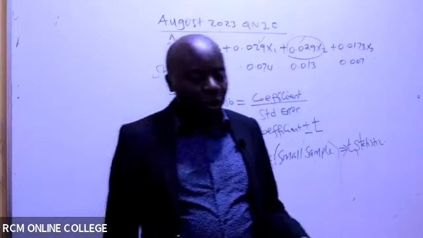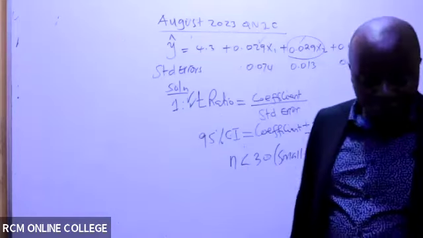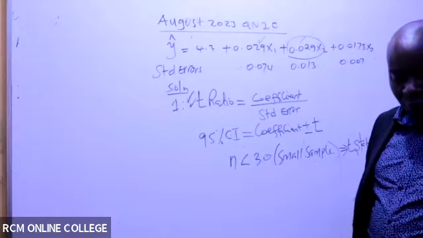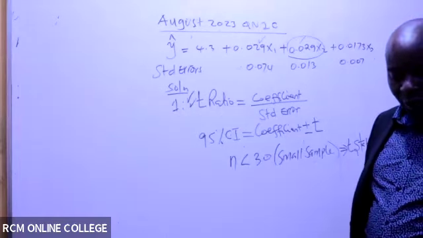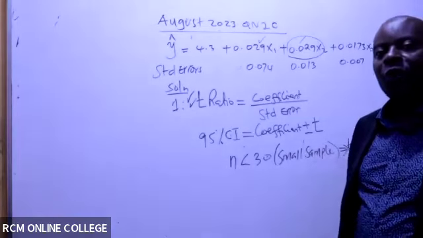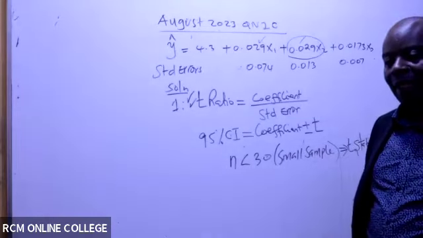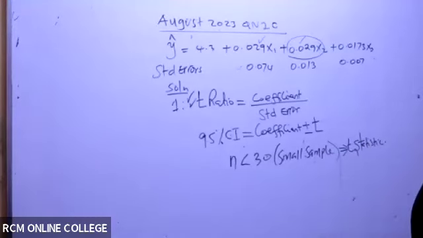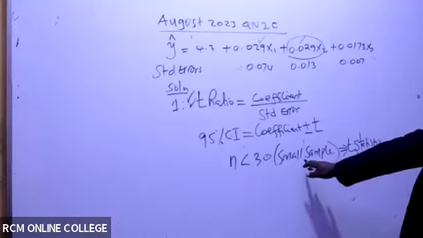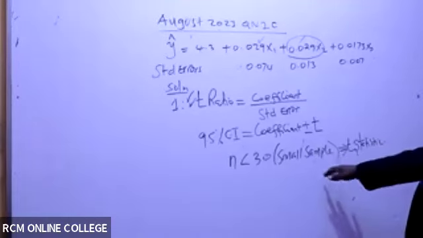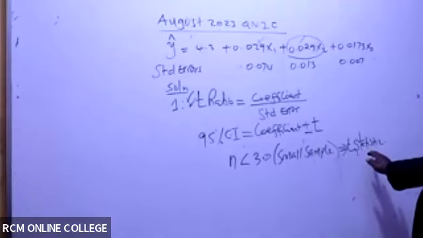In this question, you can see they have told us how many people are in this research: the following regression equation was obtained for a class of 24 intermediate level students. There are only 24, and 24 is less than 30, so that is a small sample, and for small samples we use the T statistic.